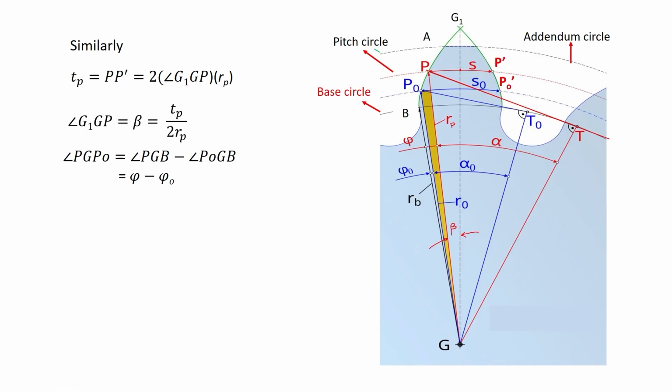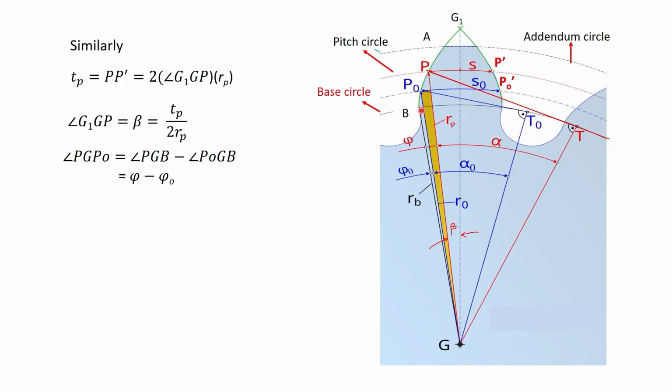And angle P GP0, this angle P GP0, let me make it highlighter, angle P GP0 is equal to angle P GB minus P0 GB.